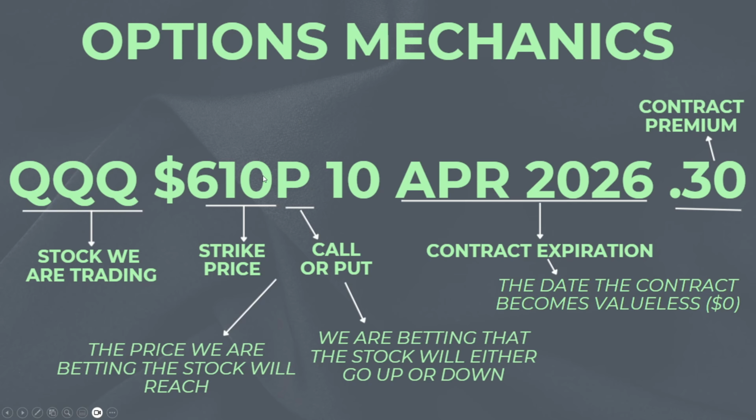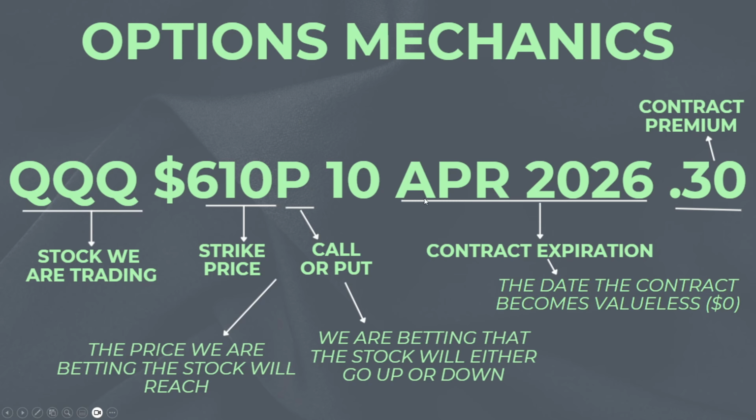The 610 is the strike price that we're looking at, which is basically the price we're betting the stock will reach. And then the P could either be a P or a C, the call or the put, and that's the direction we're betting the stock is going to go. So for example, we were betting that QQQ was going to go down in price to at least $610.